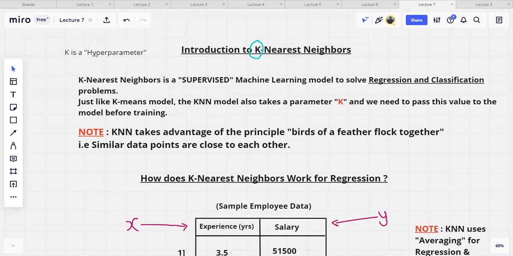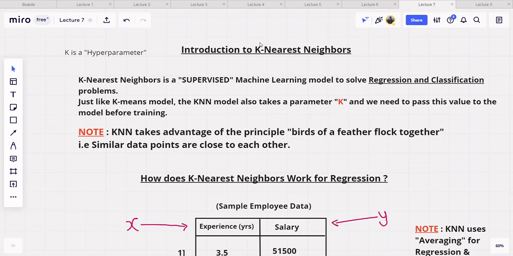A hyperparameter is a parameter that we have to give to the model before training. The model will not find the optimal value of the hyperparameter during training. It is our duty to give the value of the hyperparameter before training a model.